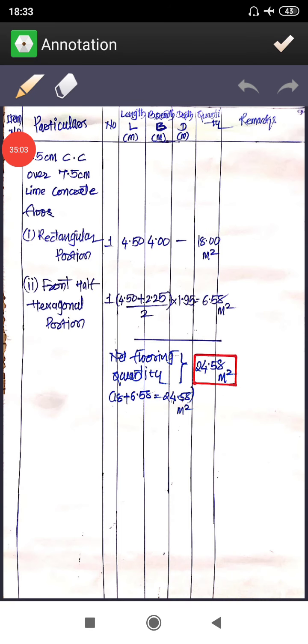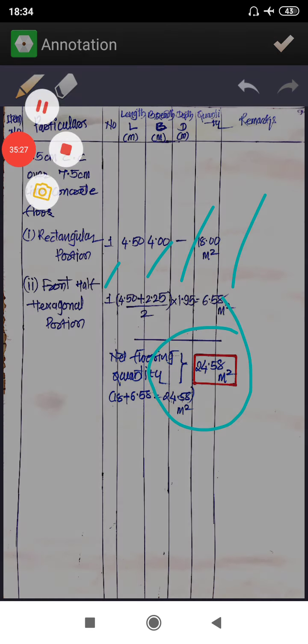And the second is the front half hexagonal portion, so now you can take it as one number, then you can take the average width as I said in the previous problem, that is 4.50 plus 2.25 divided by 2 into 1.95, that is going to be 6.58, so totally it is 24.58 meter square. It is a square meter quantity.